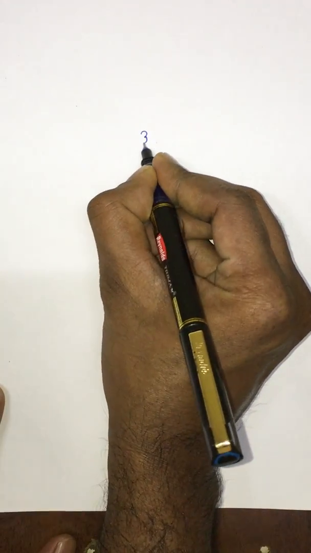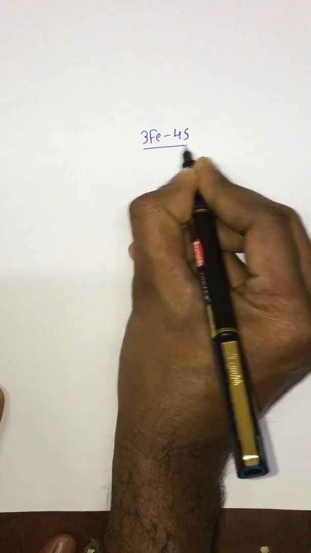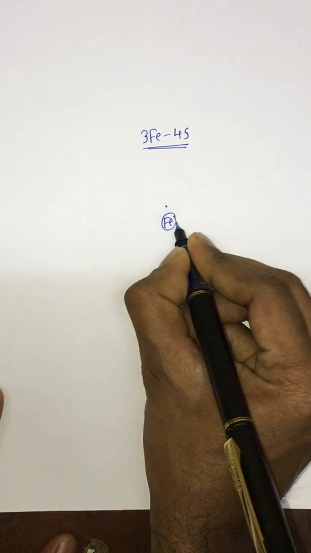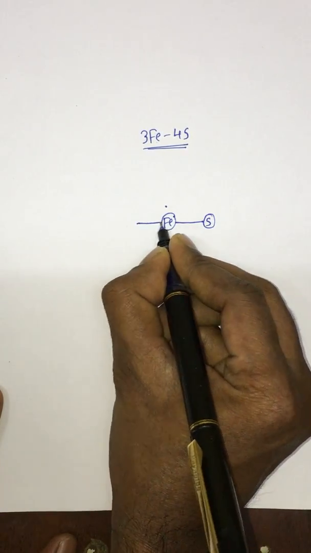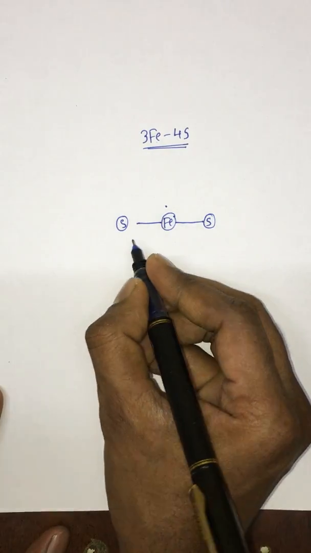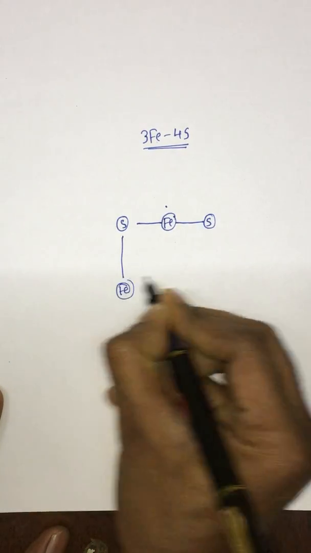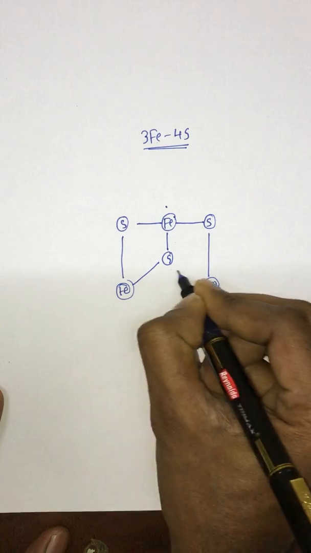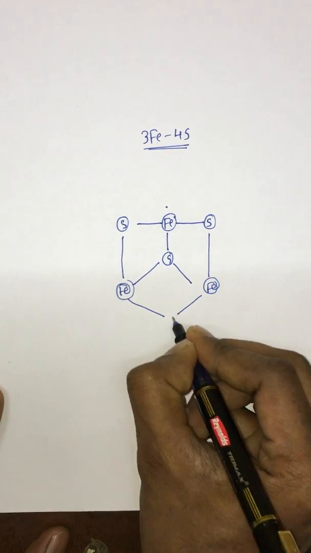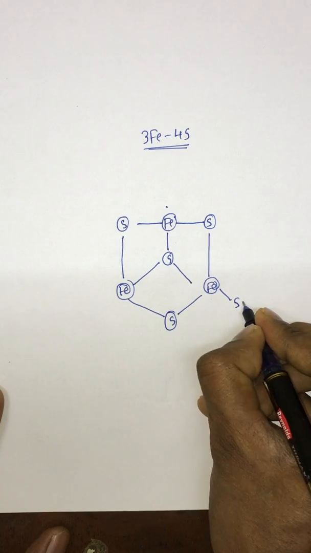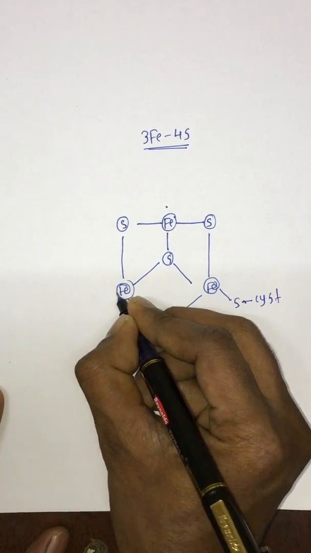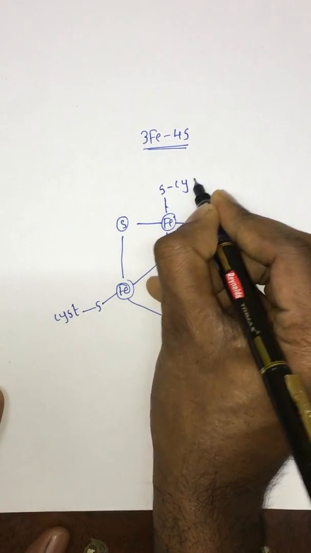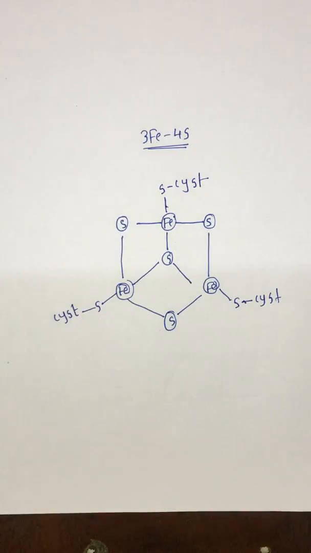We have next the 3Fe4S system. So the structure looks like this. Here iron, sulfur, here sulfur, so this is the structure.